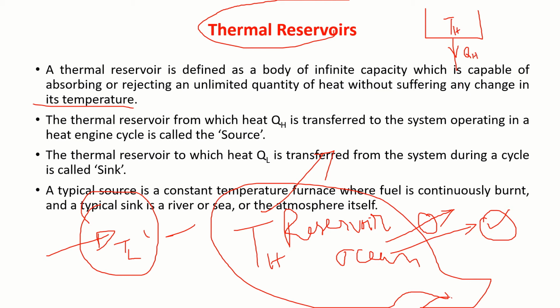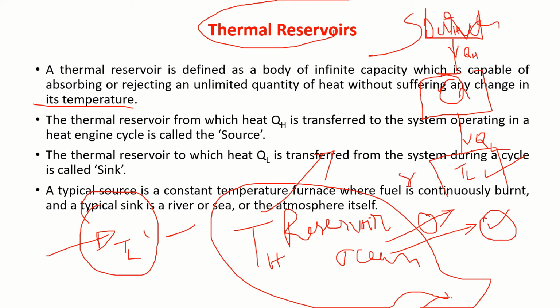There is a heat engine working in a cycle, which rejects heat QL to another reservoir at temperature TL. This is a high temperature reservoir and this is a low temperature reservoir. This is a source and this is a sink.